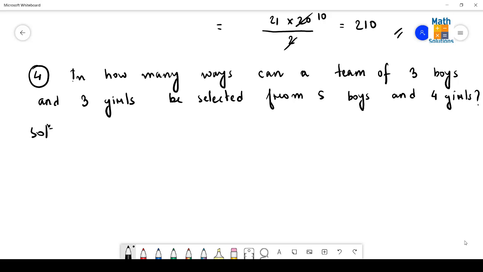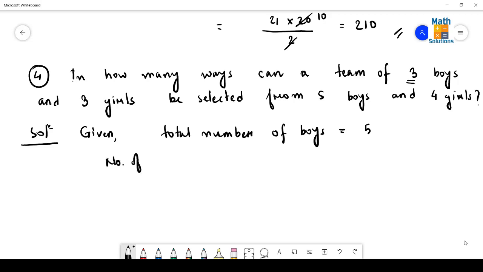So coming to the solution part, what can we write? Given total number of boys is equal to 5. The number of boys to be selected at a time is given to be 3.